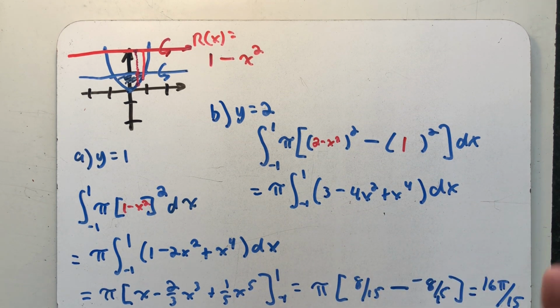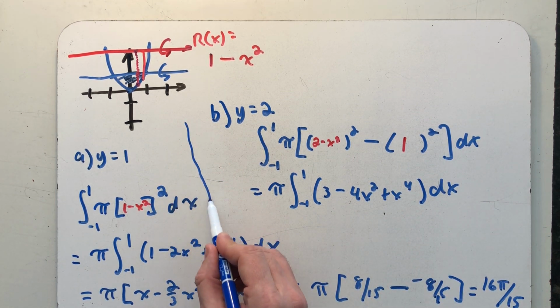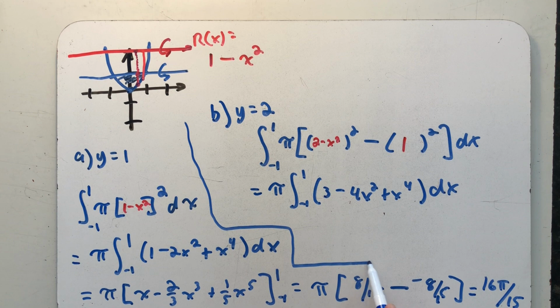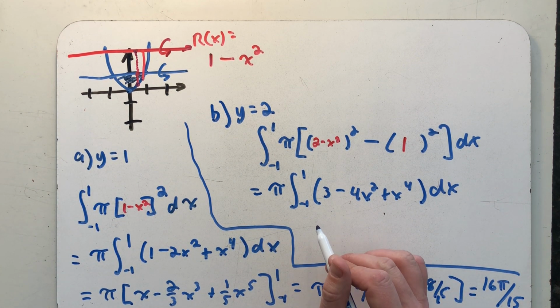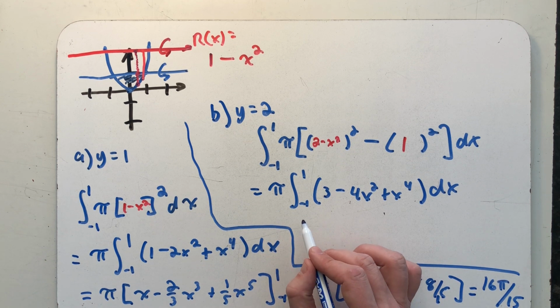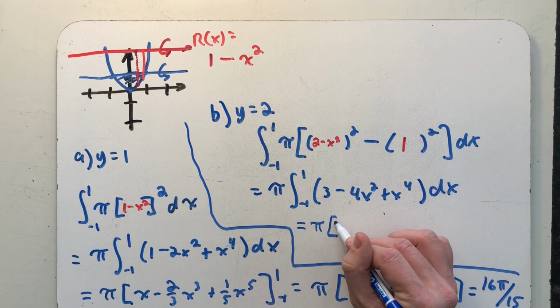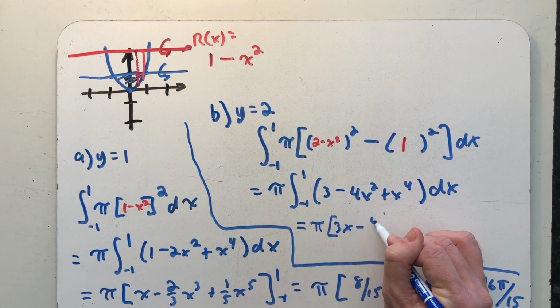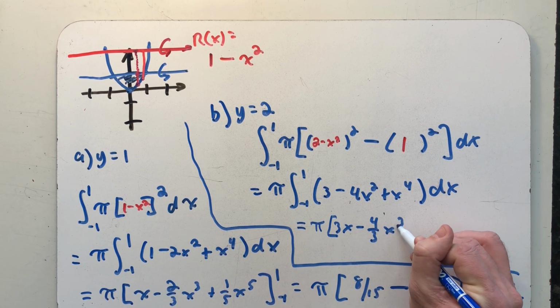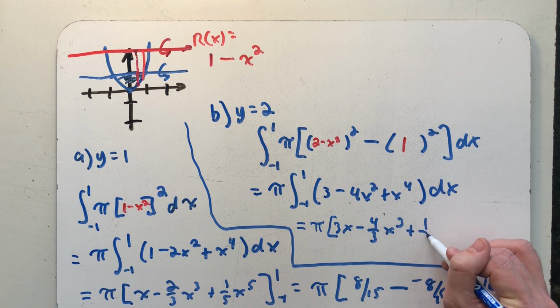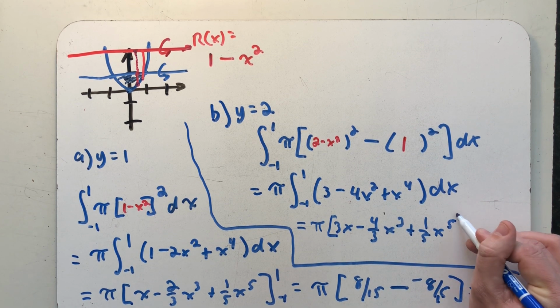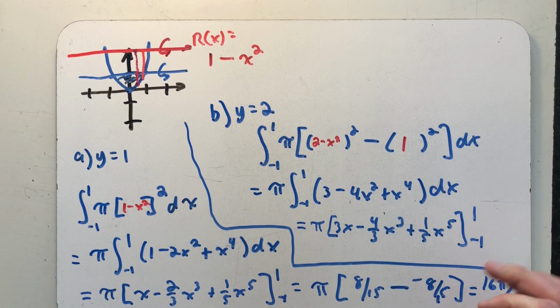So I'm ready to find an antiderivative and evaluate. I apologize for the interesting formatting here on the board, but I think we'll see what happens here at the end. I still have that pi hanging out front, and here's my antiderivative. 3x minus 4/3 x cubed plus 1/5 x to the fifth, evaluated from -1 to 1.